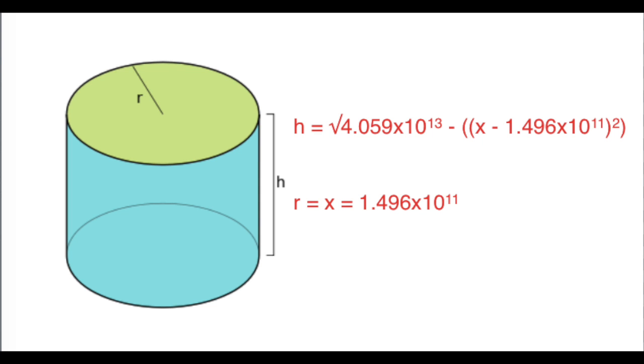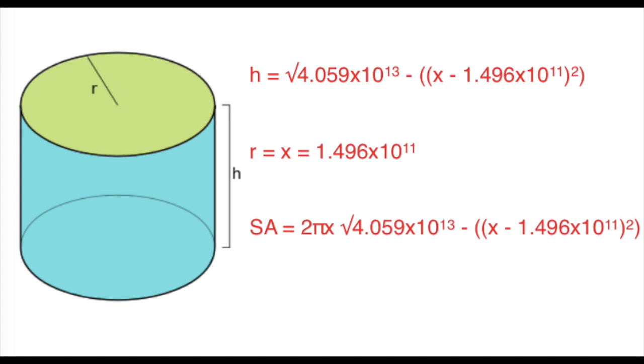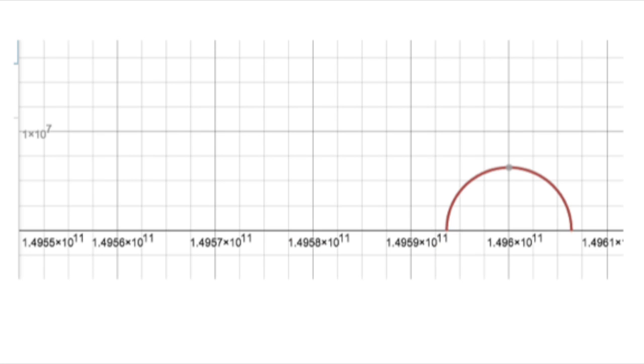These cylinders will have a height of the square root of 4.059 times 10 to the 13th minus x minus 1.496 times 10 to the 11th, squared, and a radius of x, the distance from the Sun to their outer edge. The surface area is represented by 2 pi rh, and in this case, when you plug in the height and the radius of the cylinders, it will equal 2 pi x times the square root of 4.059 times 10 to the 13th minus x minus 1.496 times 10 to the 11th, squared.